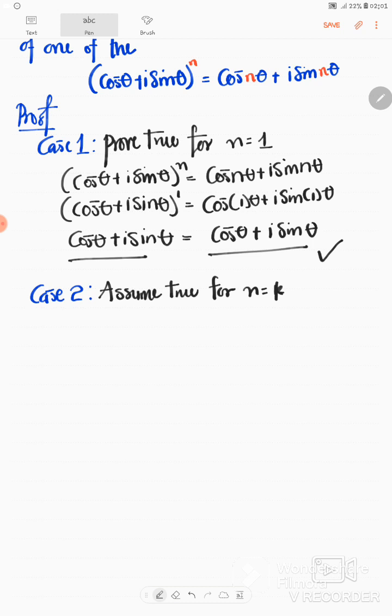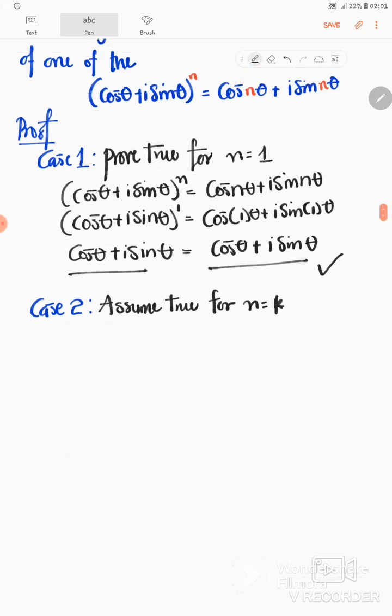Now let's start by writing our formula. We have (cos theta plus i sin theta) raised to power n equals cos n theta plus i sin n theta. That is, anywhere we see n, we put k into it.